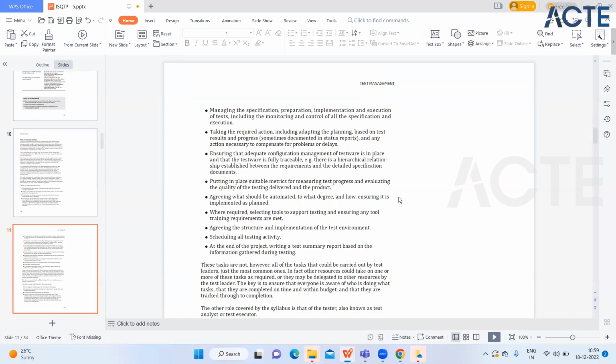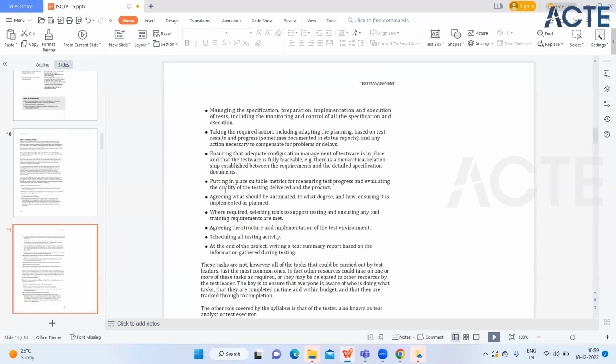So all these tasks will be done by the test leader. Now, taking the required action, if they have defined any kind of risk in the planning document, or if any weird situation occurs, then how things will be kept in control. That the test lead has to define.